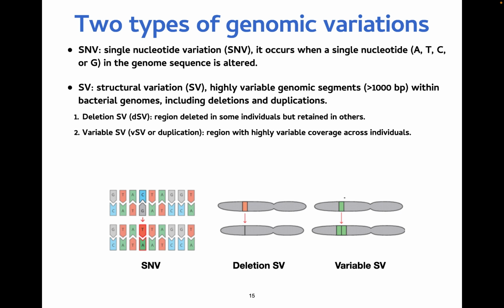The second type of genomic variation is structural variation. Structural variations are highly variable genomic segments, usually more than 1,000 bp within bacterial species, including deletions and duplications, which we call deletion structural variations and the variable structural variations.